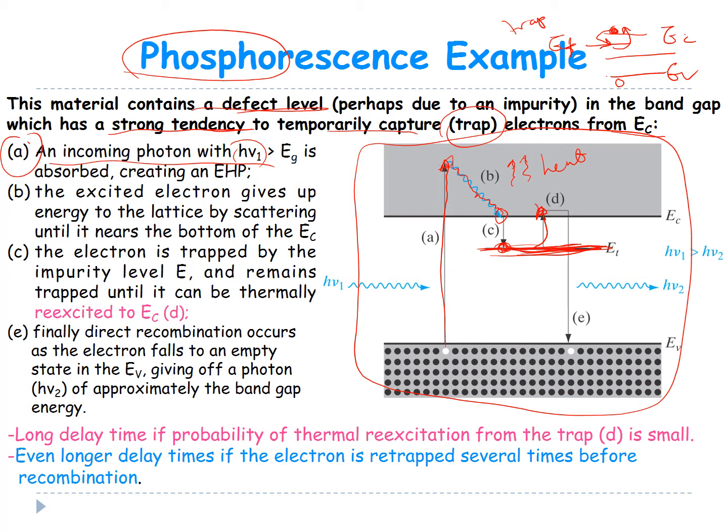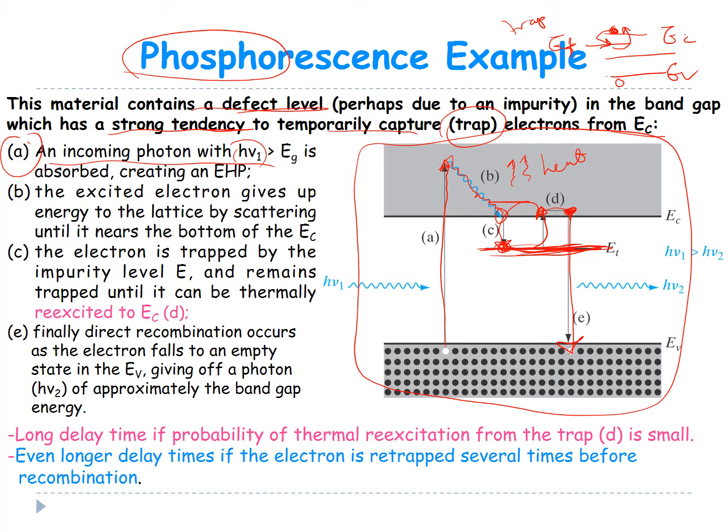It can be trapped again by the same state and detrapped, trapped, and detrapped, and re-excited to the conduction band. This cycle can repeat itself many times, but eventually the electron will fall from the bottom of the conduction band to the valence band. And when it does so, it gives off a photon with energy equal to the band gap.